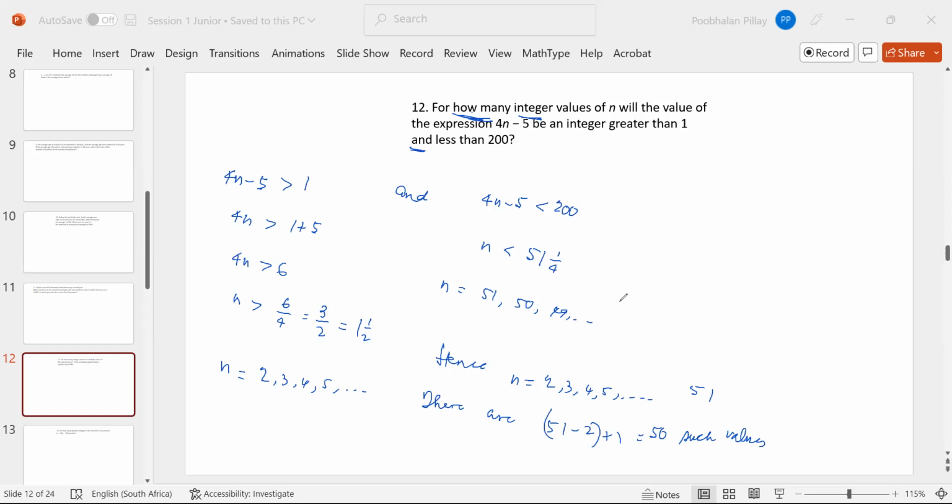They ask you how many integer values. So there are 50, because this is a list of consecutive numbers, and we just gave you a formula for that. Okay, so that takes care of problem number 12. We can go to problem number 13.